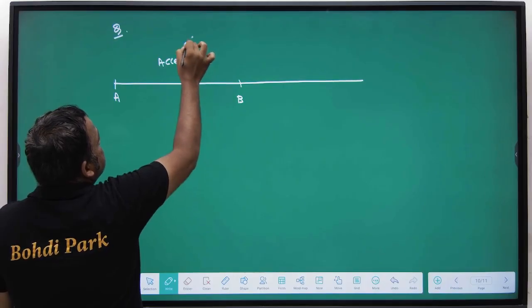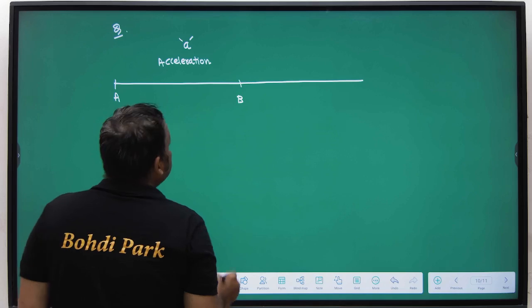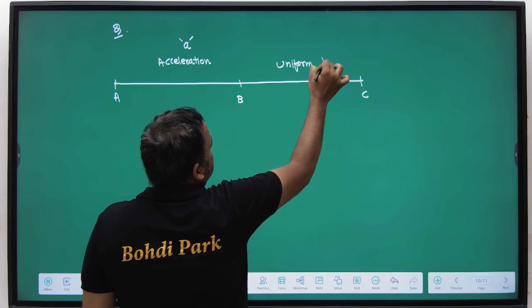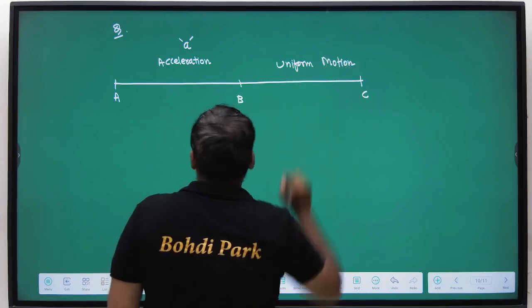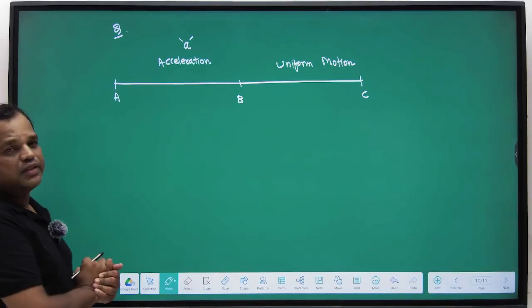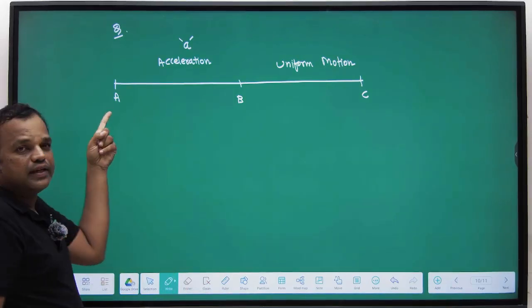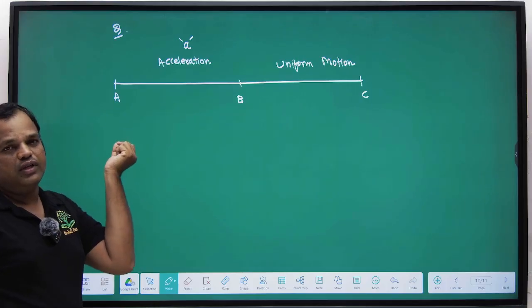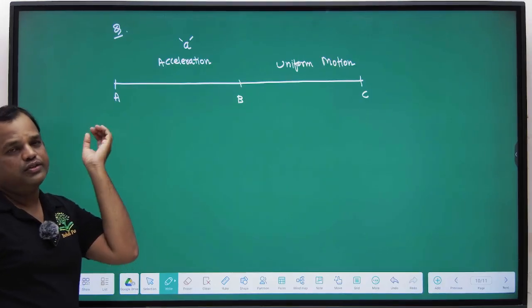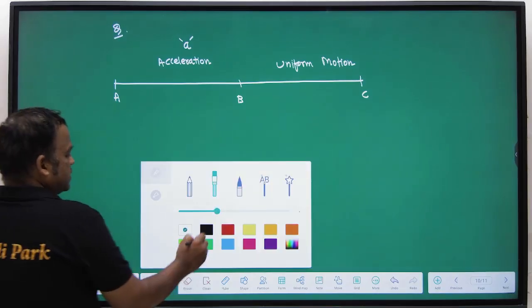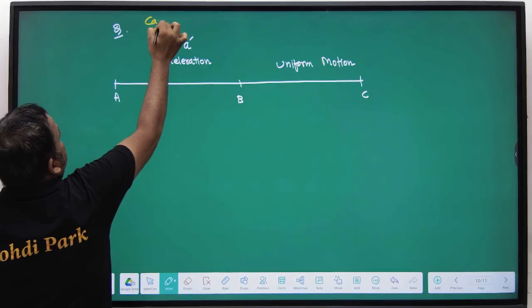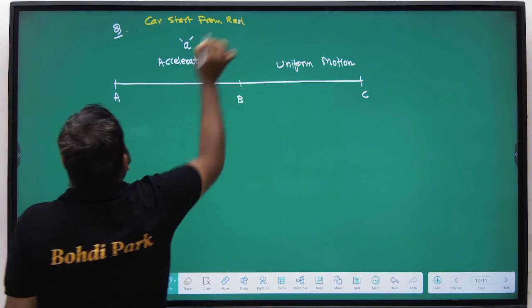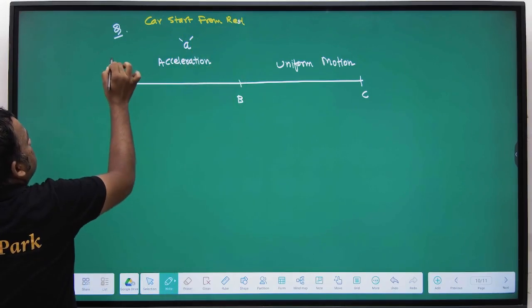Suppose the acceleration is A and B to C, it is uniform motion. So what is the initial velocity? Initial velocity at A, you can assume 0, you can assume some value like u. So I am assuming it to be 0. So the car starts from rest. So over here the velocity of the car is 0.